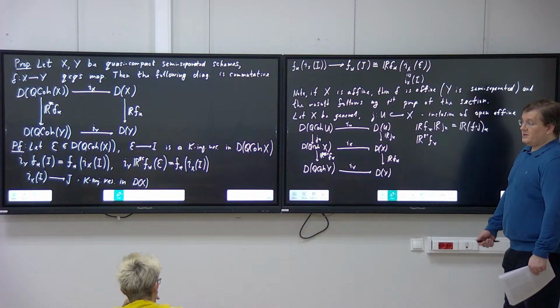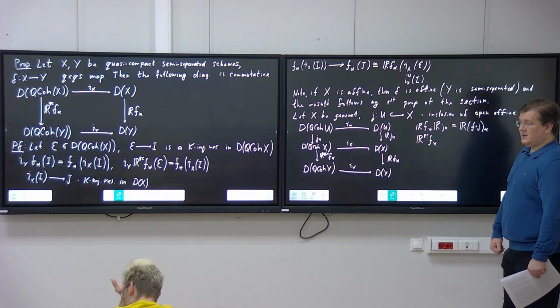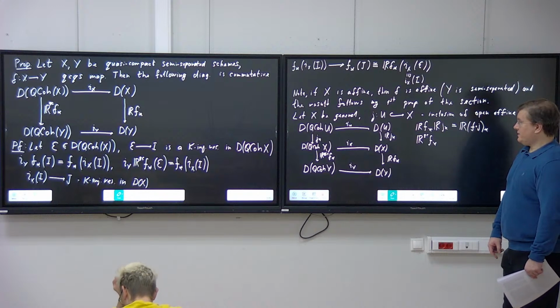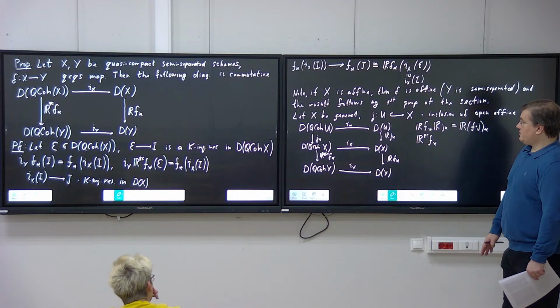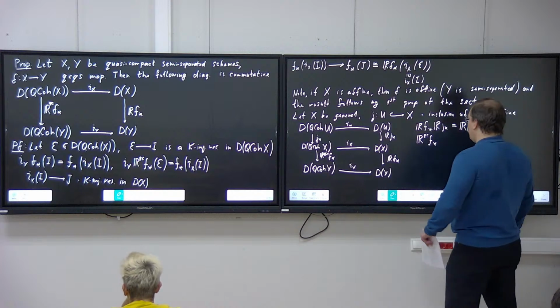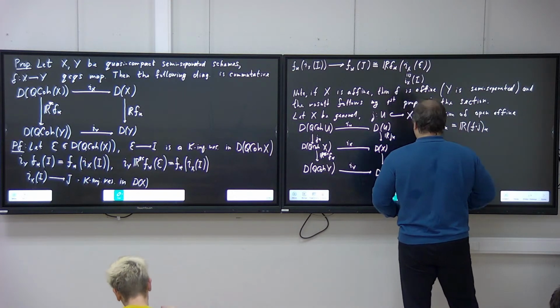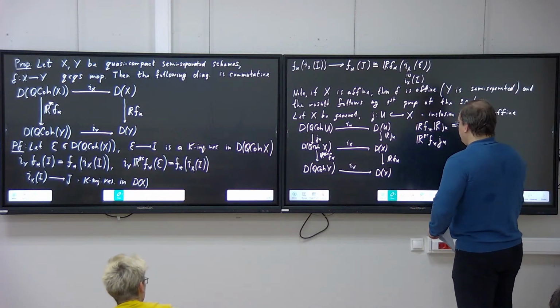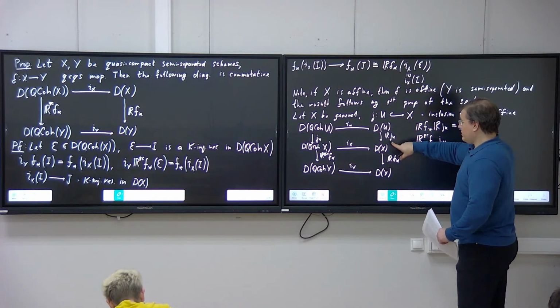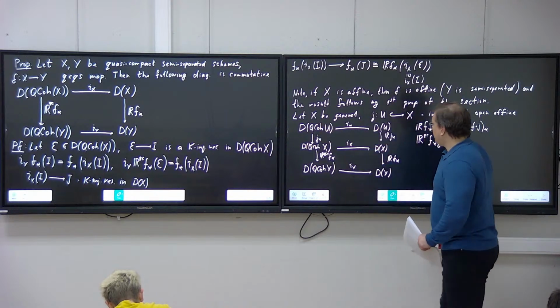It's an exact functor if you restrict to the subcategory of quasi-coherent modules. Okay, so then the second formula for this composition.